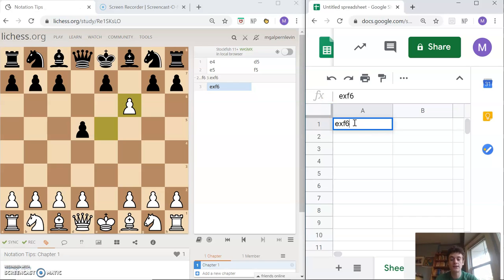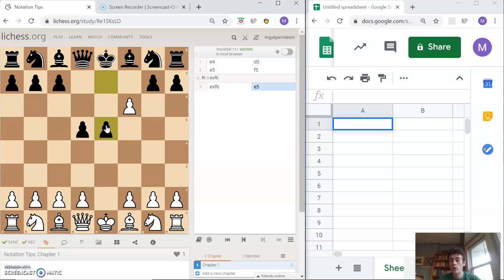You can still write e takes f6 if you want to make it clear in your game that it's en passant. En passant starts with en, and then passant starts with a p. So you could do e.p. This is how I would write it in one of my games. It would be e takes f6 e.p. And that just means you're doing an en passant move, okay?